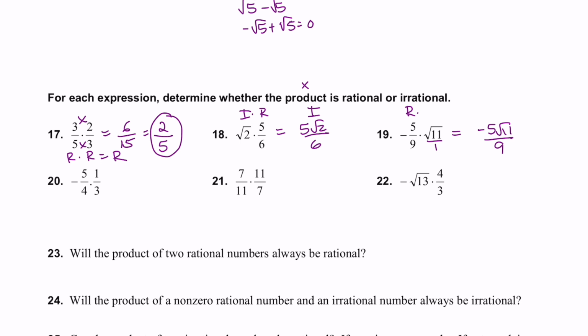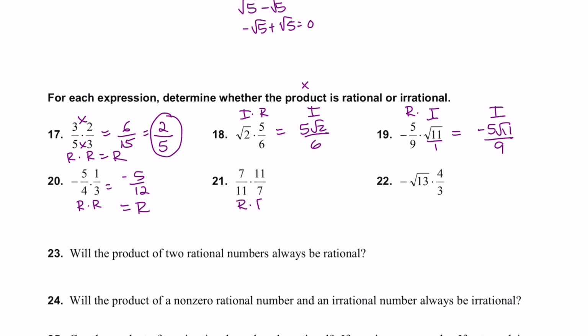This is a rational number times an irrational number, which gives us an irrational number. 20, we have a rational number times a rational number. This is negative 5/12, which is a rational number.